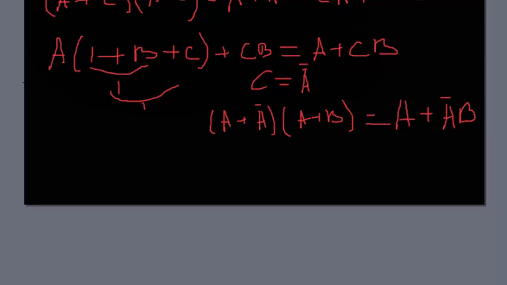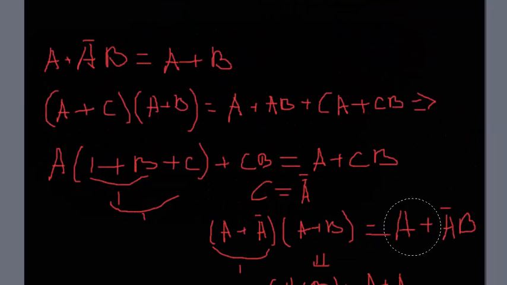Solving the left part, we see A plus A negation gives us 1. This is 1, and it will be equal to A plus A negation B. So finally we solved this problem.